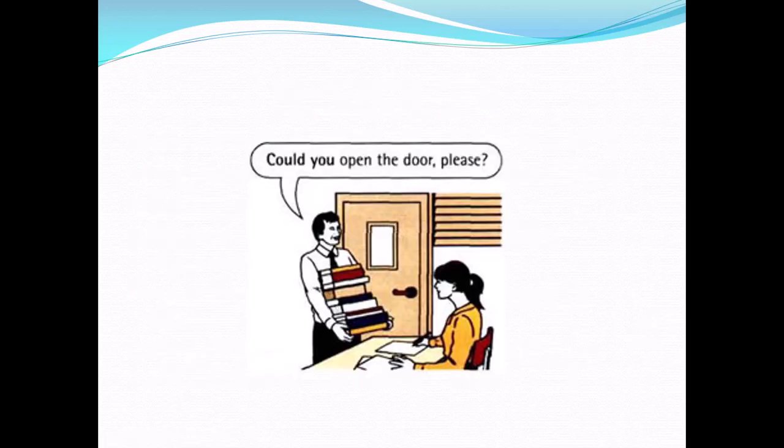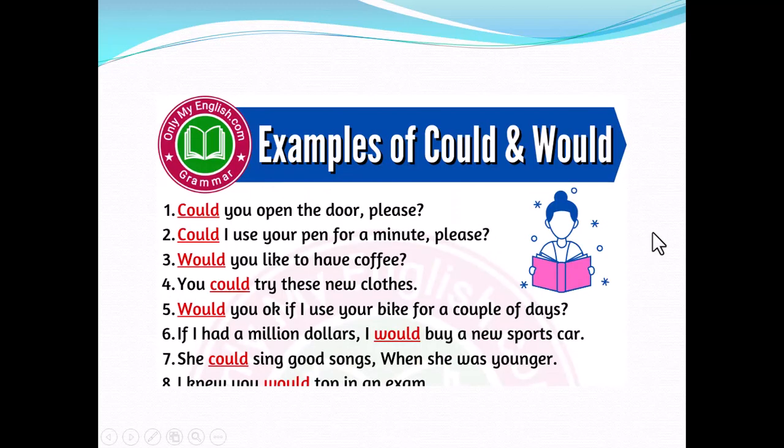So, could you open the door? Here please is not mandatory, not compulsory. There is no need to say please, because you are already in polite mode, and it is enough to start with a modal verb like could or would. Examples of could and would: could you open the door, please?